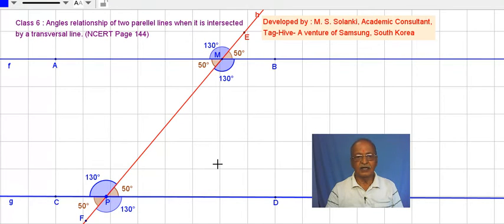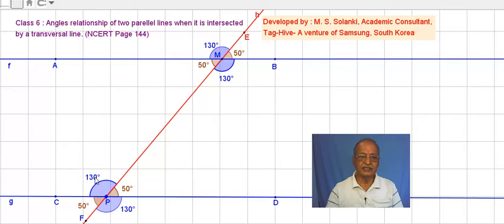Now alternate interior angles. This 130 and 130. It is right side and below this parallel line. This is left side and above.